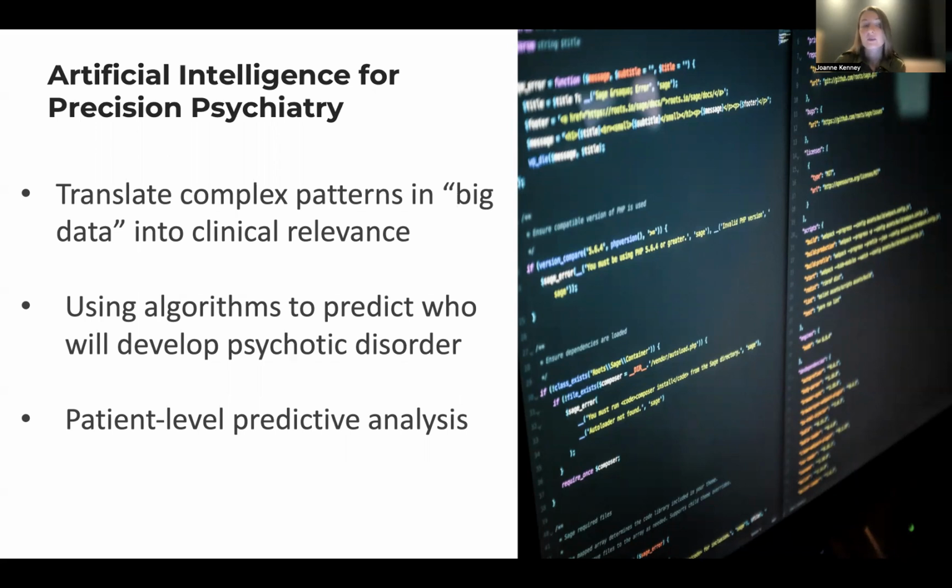Basically, it would help us to use algorithms to predict who will develop a psychotic disorder. It can provide patient-level predictive analysis. So unlike looking at group averages, it has more of an individual predictive capability.